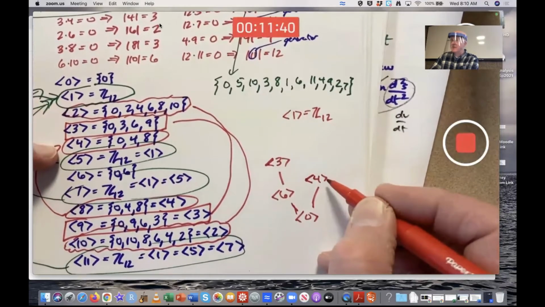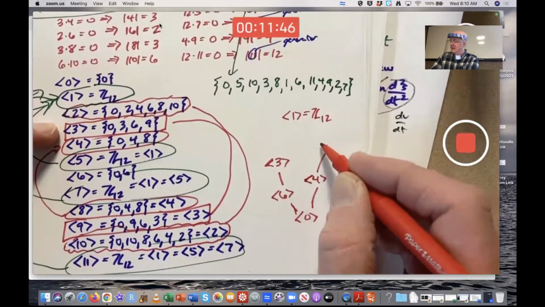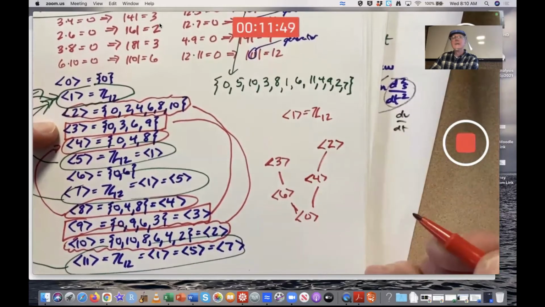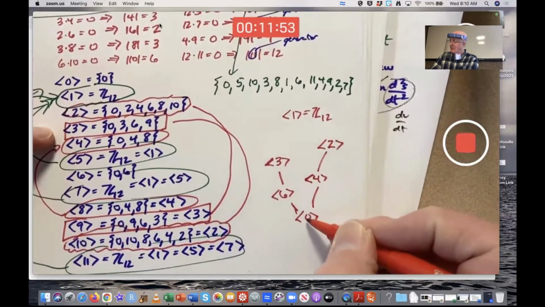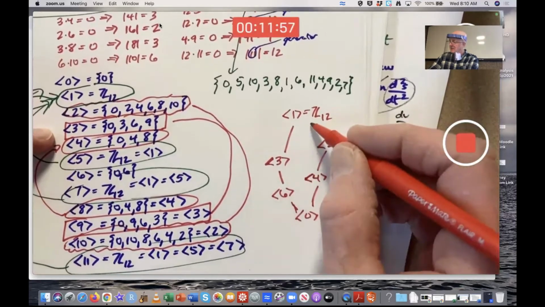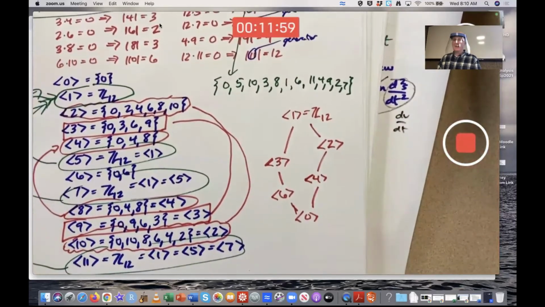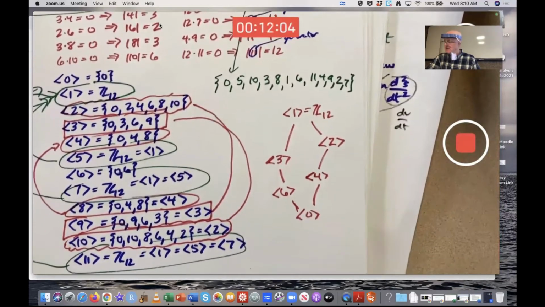This one's a subgroup of it, but not that one. Am I missing any? So subgroups of order 1, 2, 3, 4, 6. Okay, then these are subgroups of the whole group. Not the prettiest way to make the diagram, but it works.